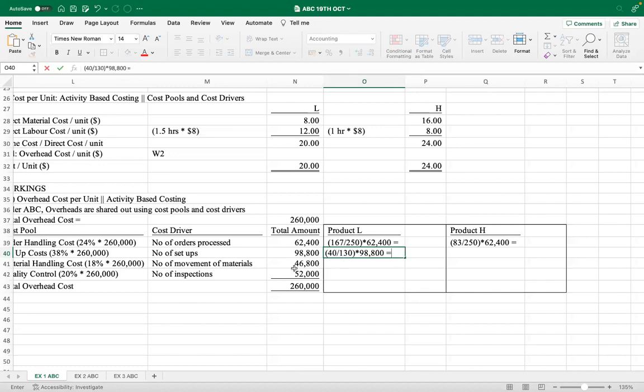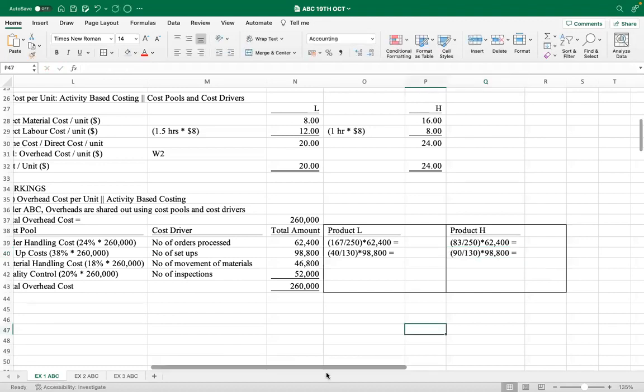You get your results there. The other side is 90 over 130, close the bracket, times 98,800. You get your result also there.